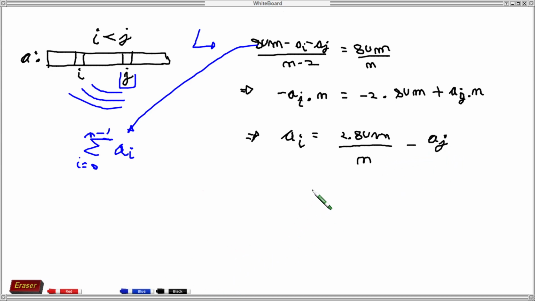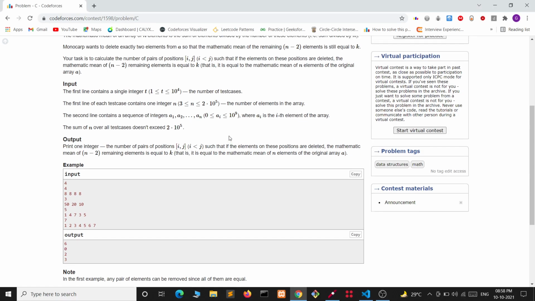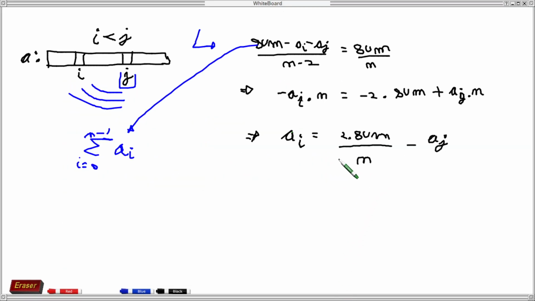One thing we notice is that each ai is an integer, so this needs to be an integer also, because the difference of two integers is an integer. So 2 times sum modulo n should be equal to 0. If it gives some remainder, then we can never find any ai for any value of aj.